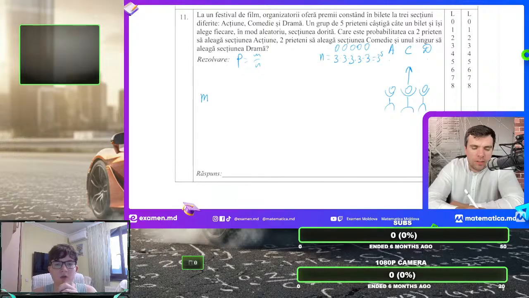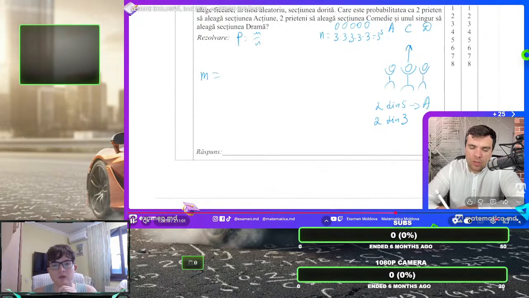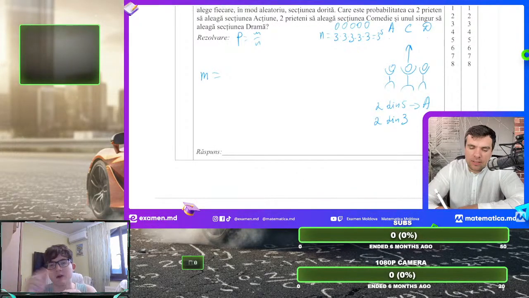So now let's go over the favorable cases. I got the total cases, 3 to the power 5. For favorable cases, I'll just do 5 circles again. I wanted this guy to write down 5 circles so that I can think it through, but we're going to go with the 5 circles from the end, which are still there.